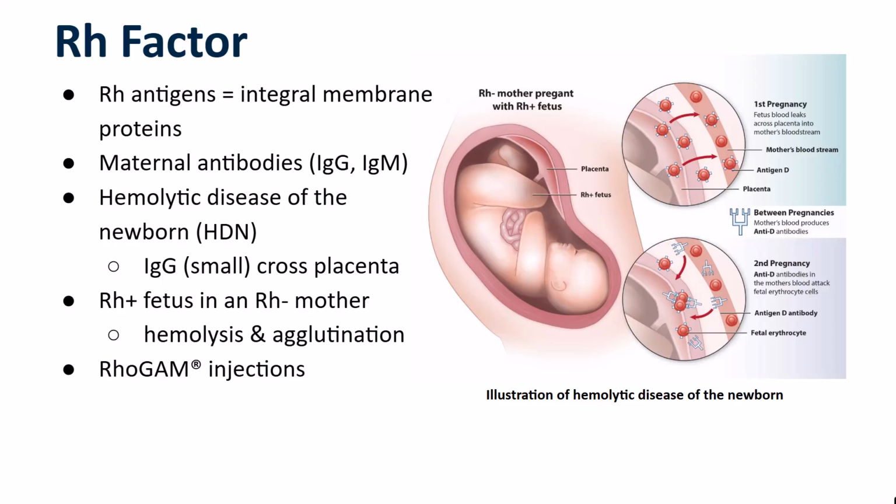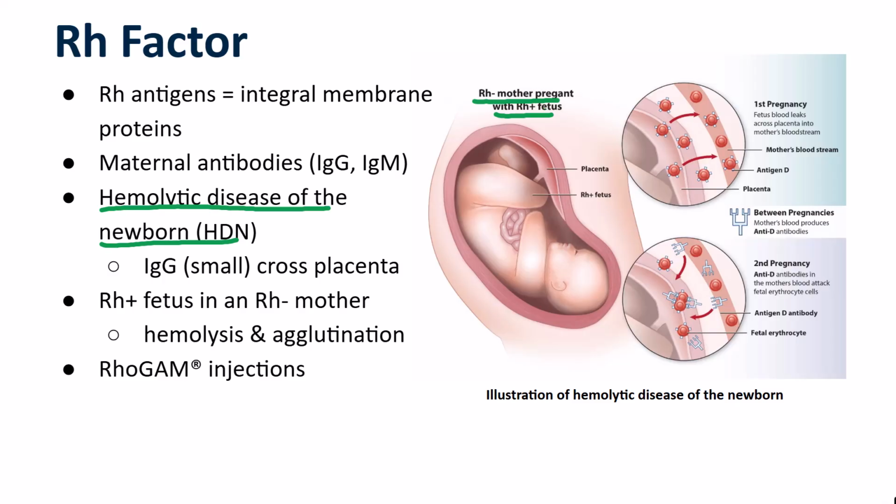And so what can happen, and where this is most clinically relevant, is in a scenario called hemolytic disease of the newborn. Now imagine this. Imagine we have an Rh negative mother with an Rh positive fetus.